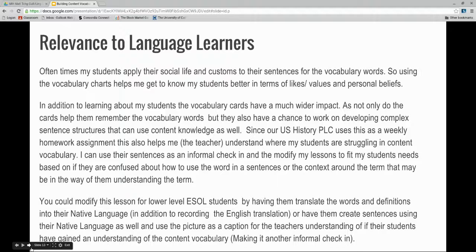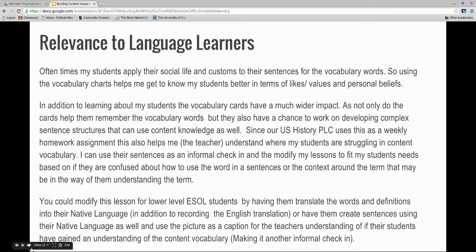All right. And since this is a weekly homework assignment for our PLC, I can also use this as an informal check-in. I can see where my students are struggling, and I can modify my lessons to fit in examples of the term.